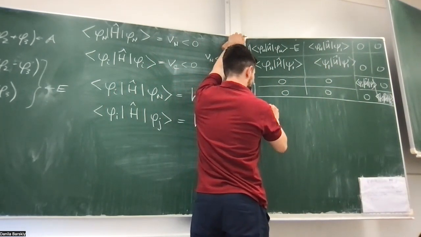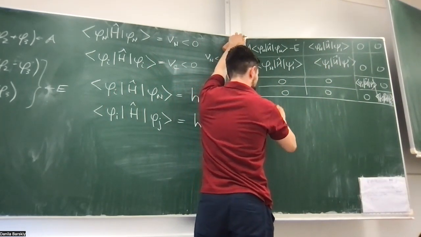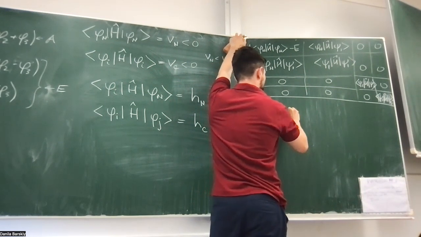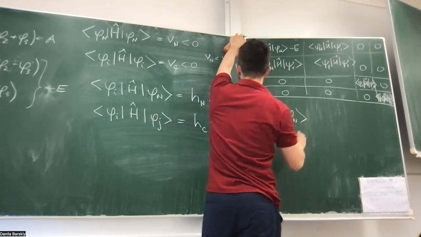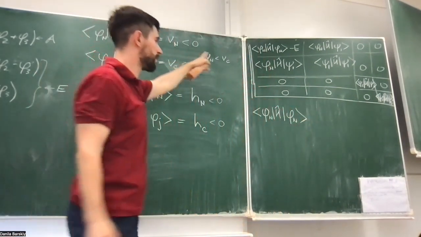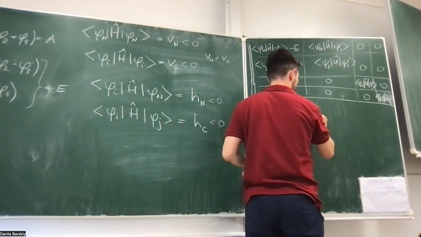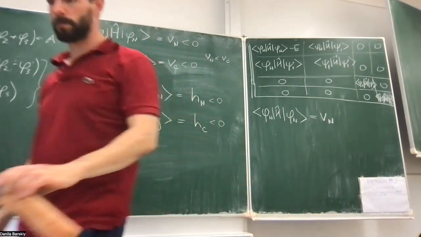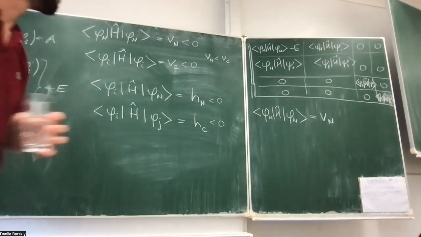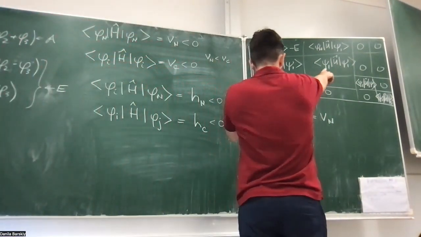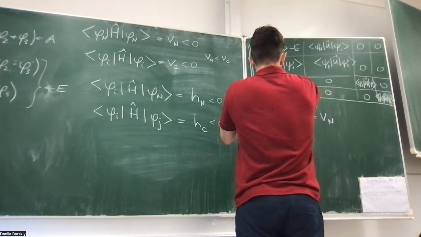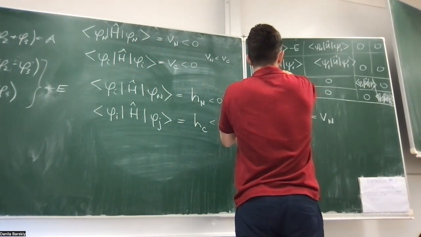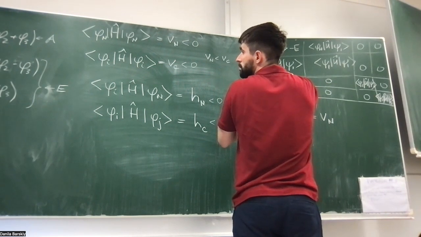So when we say nitrogen, it's already nu M. That's how we call it. Second row and first column of this. Shouldn't that be psi 1 H psi n? No, the one there should be psi 1 H phi n.